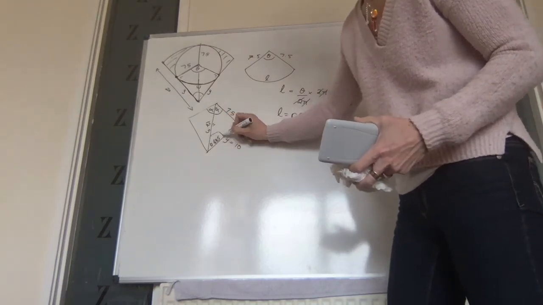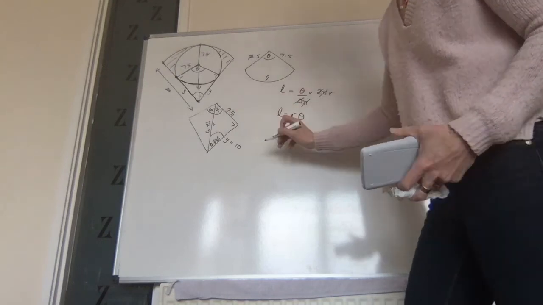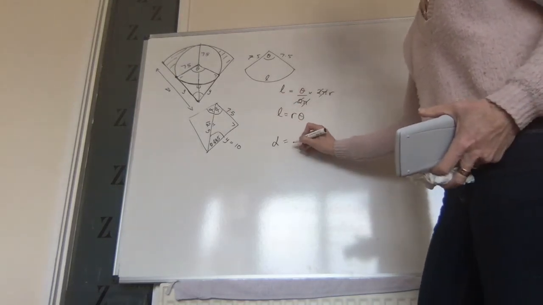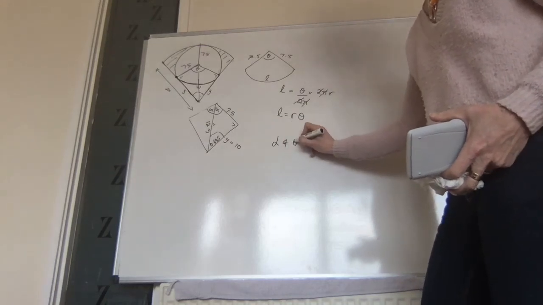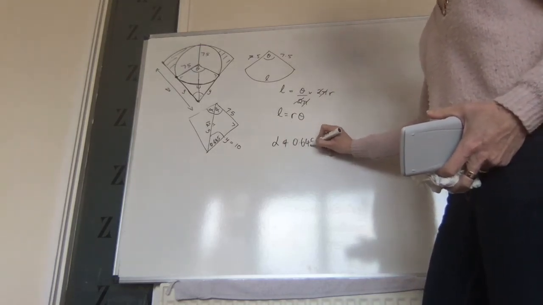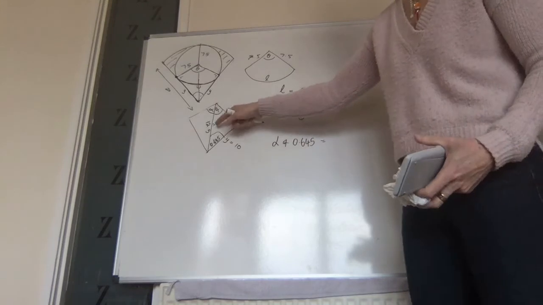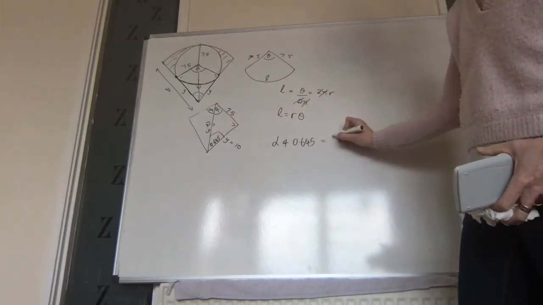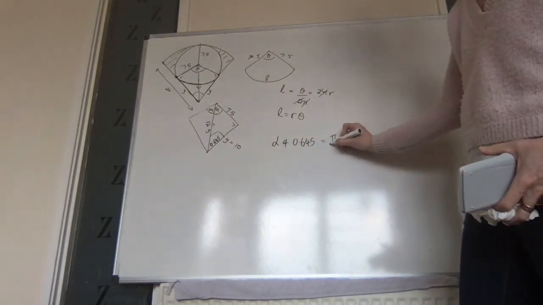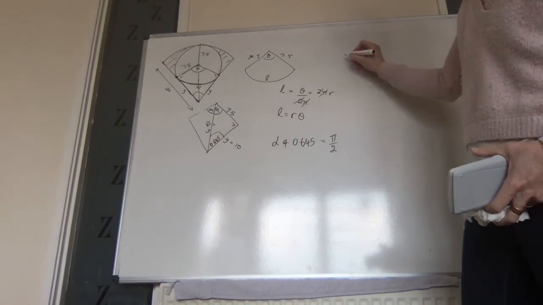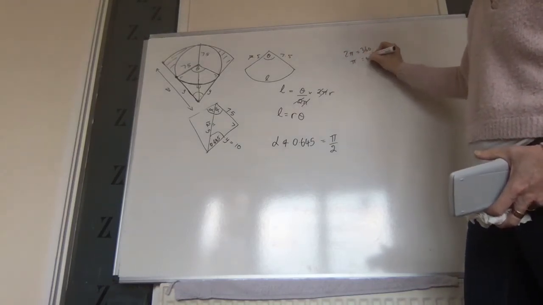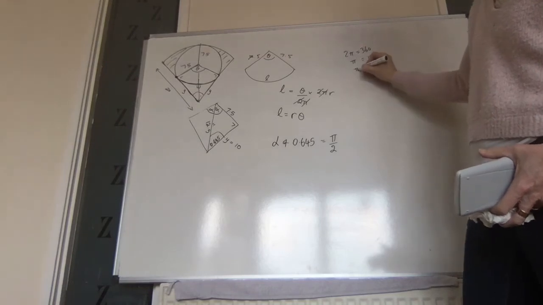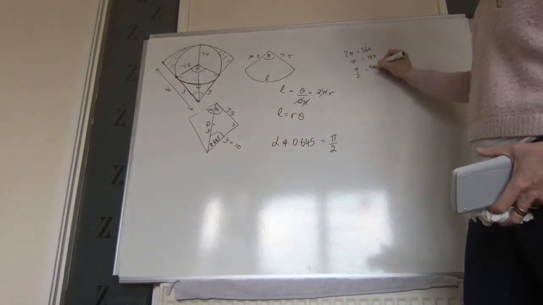So this is 0.645. So actually, alpha plus 0.645 radians is equal to 90 degrees, but that in radians is pi over 2. Remember, 2 pi radians is 360 degrees, pi radians is 180, and pi over 2 radians is 90 degrees.